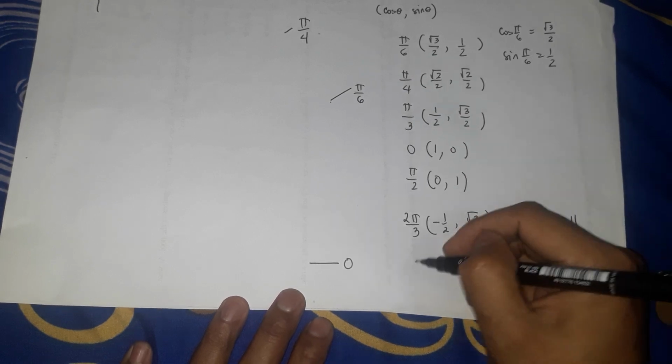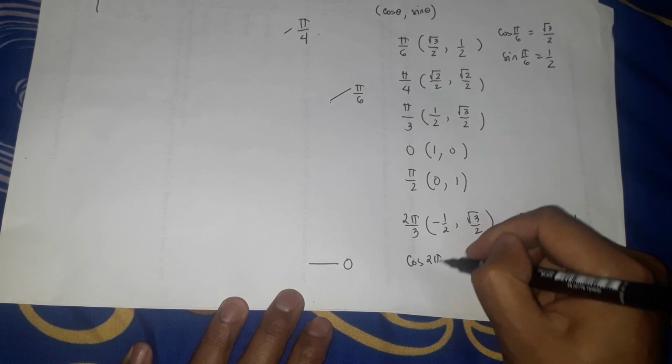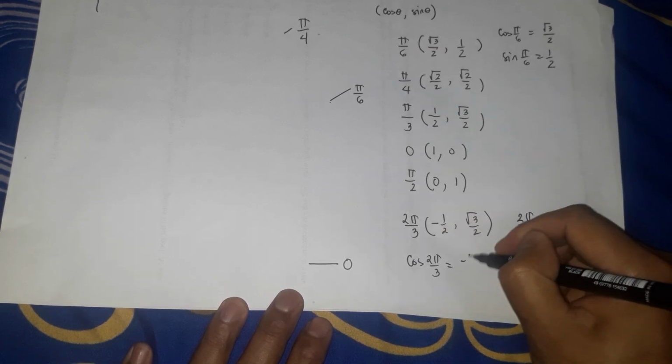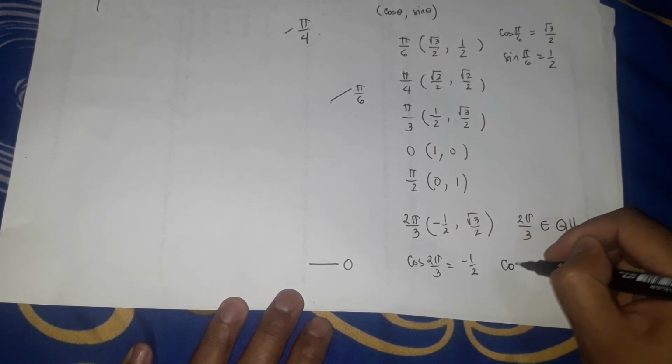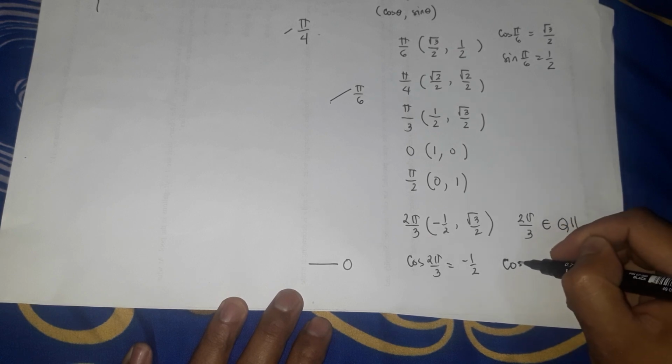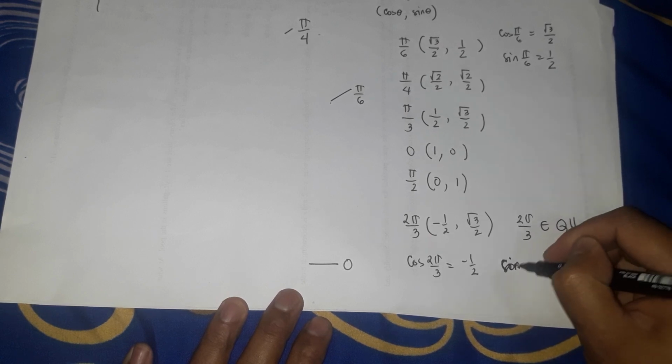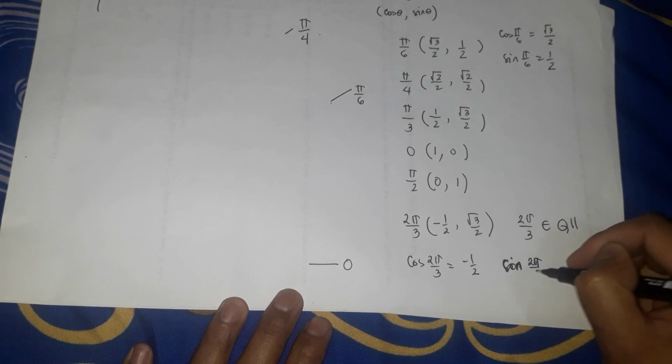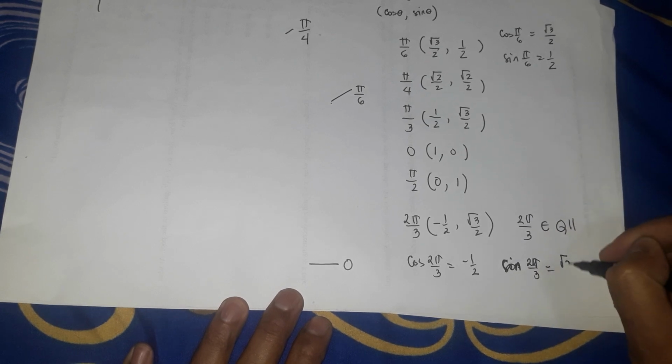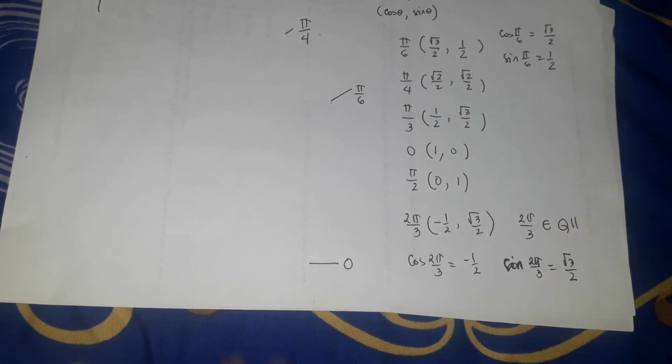So cosine 2 pi over 3 is negative 1 half, and sine 2 pi over 3 is square root of 3 over 2.